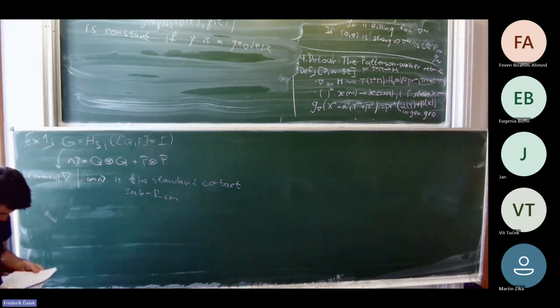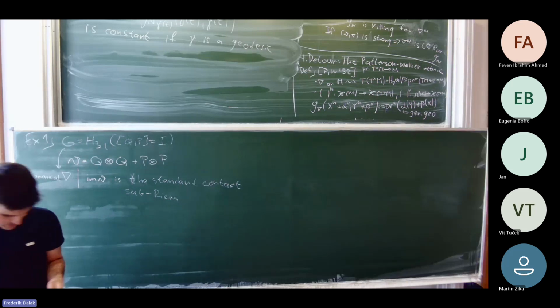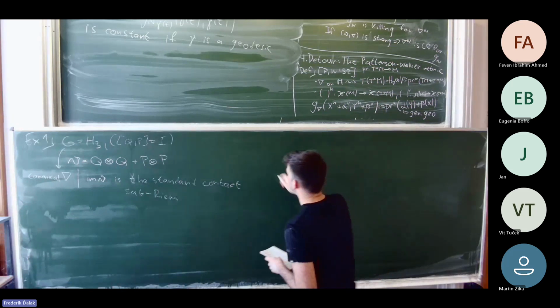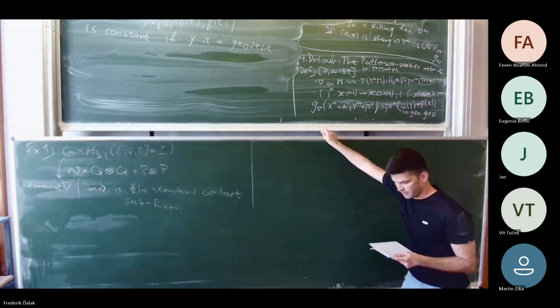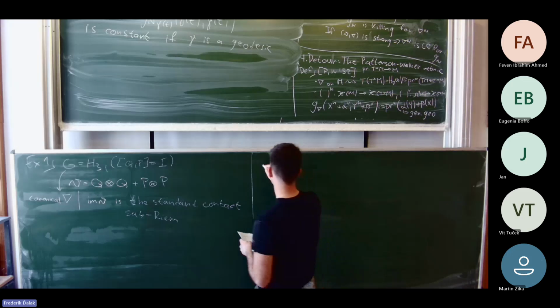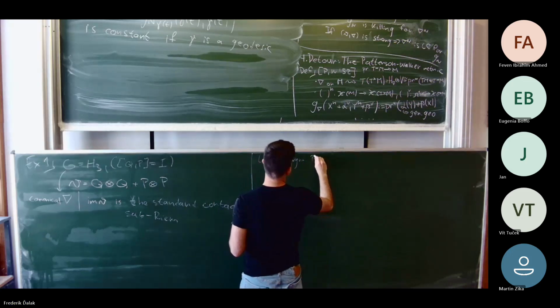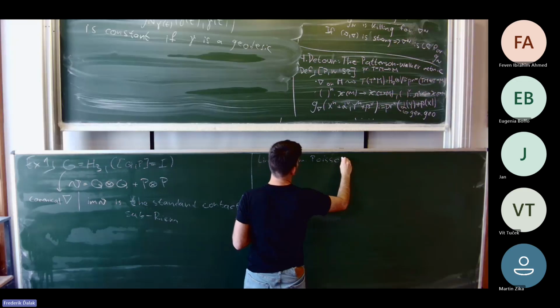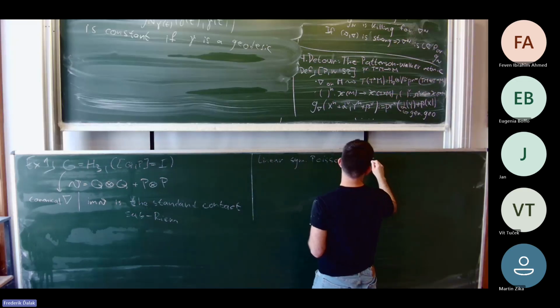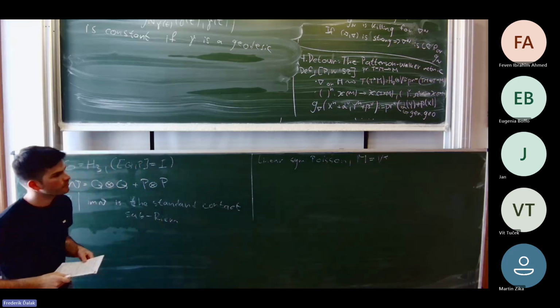This is the first interesting example. Another interesting example can be found when you go to the linear case, when your manifold is the dual of a finite-dimensional real vector space.